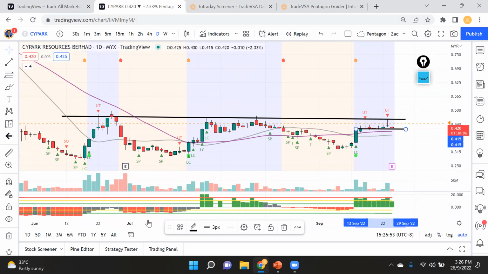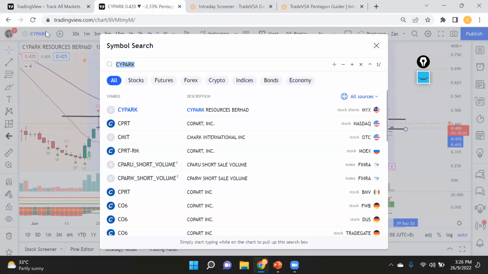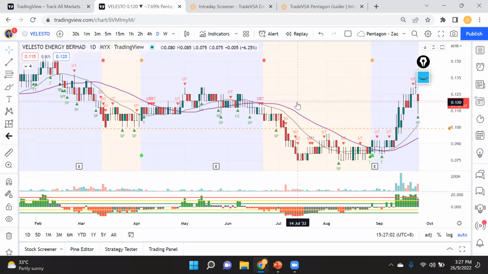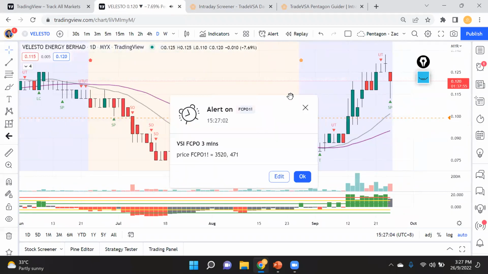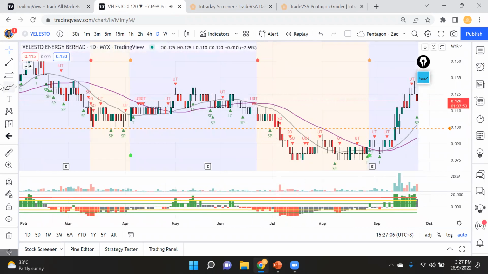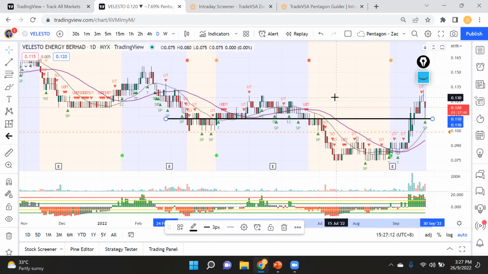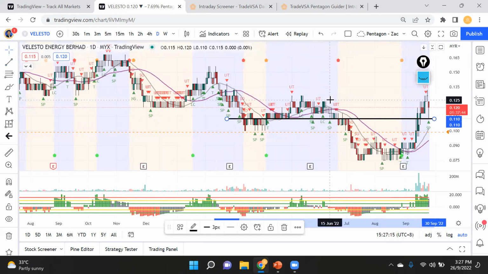Okay, so let's look into Velesto, PPHB. Got spring over here. If you ask me, this one is like a pump and dump type lah. It kind of reminds me of MFlex right now.